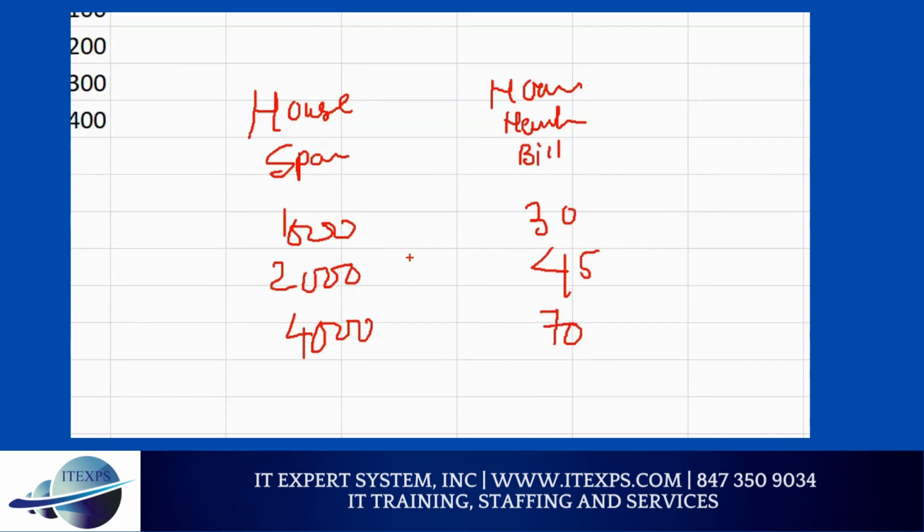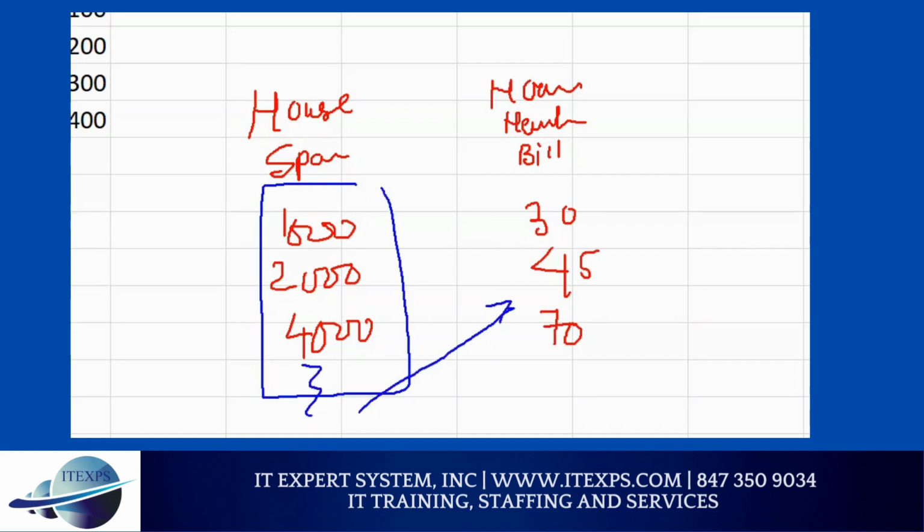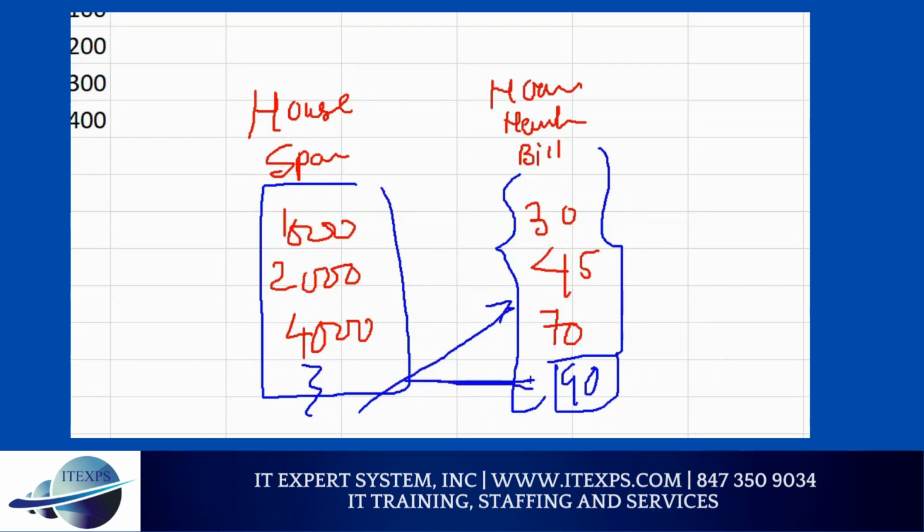So out of these two factors, house space and house bill, which one is the driver? House space. Pretty clear. Why? Because if I change this, I can decide the bill. But if I know the bill, for example 90, I will not know what the house space is. So house space I know, and depending on that I'm finding the bill. So this is my Y and this is my X.